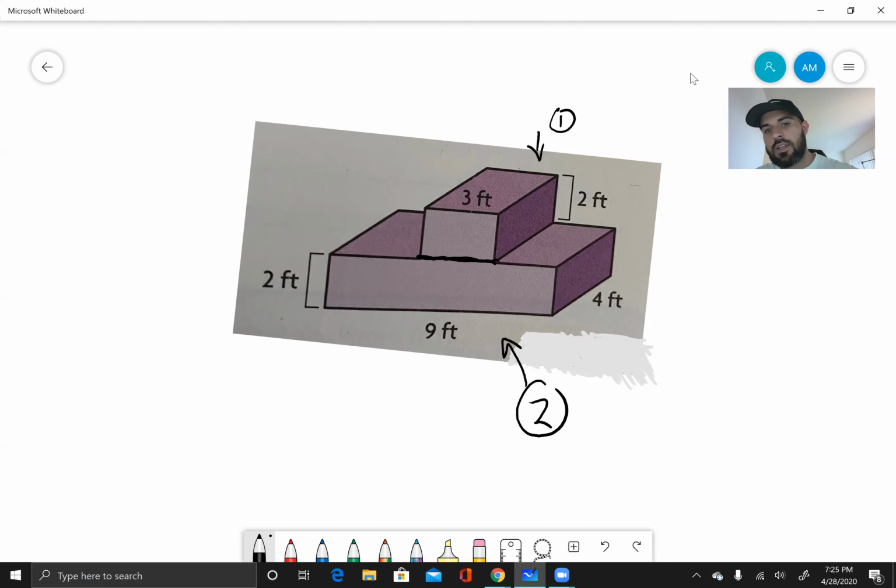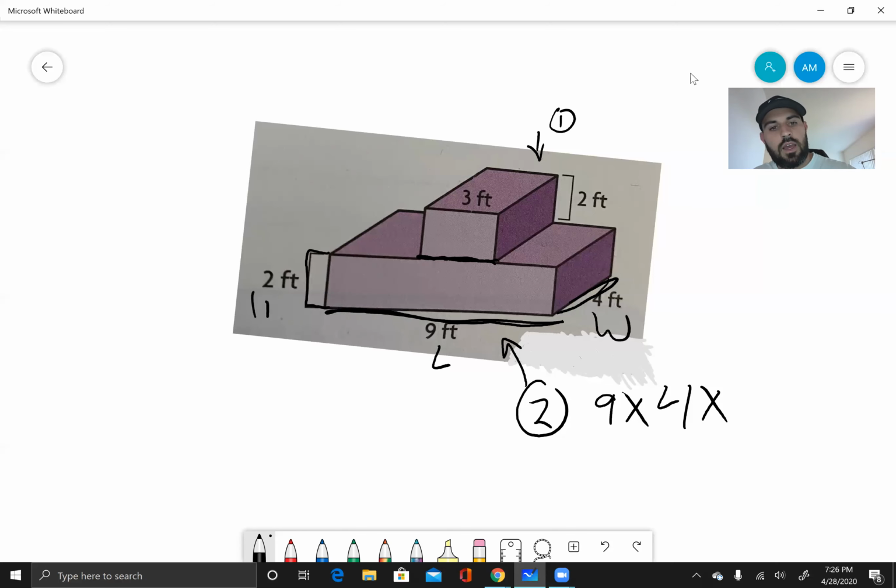Let's find the bottom, which I think is the easier one, the length times the width times the height of figure two. The length, right here, is 9. So 9 times the width of 4 times the height of 2.